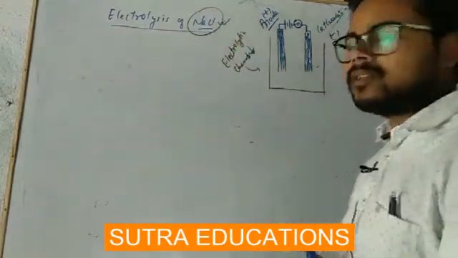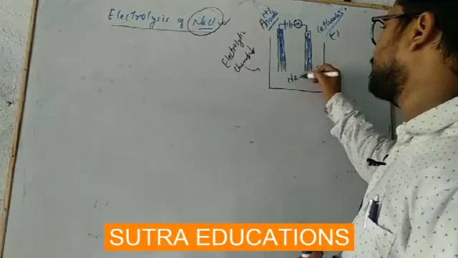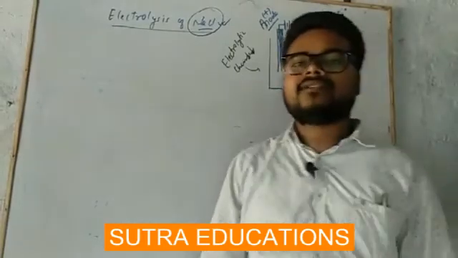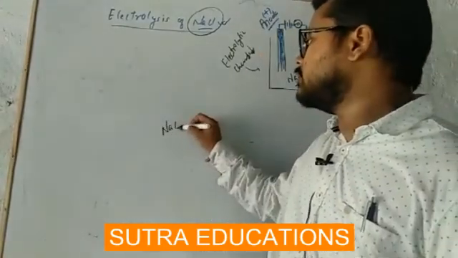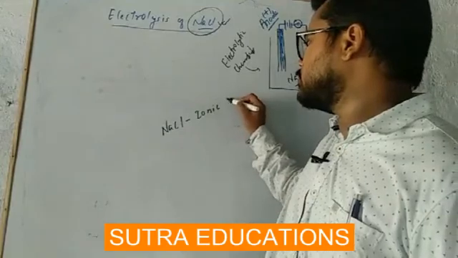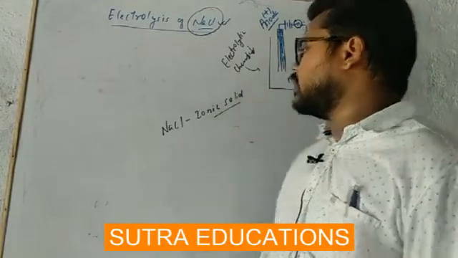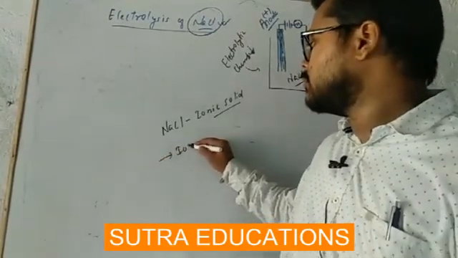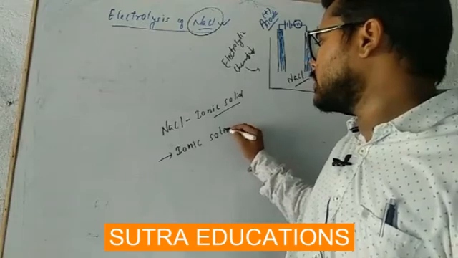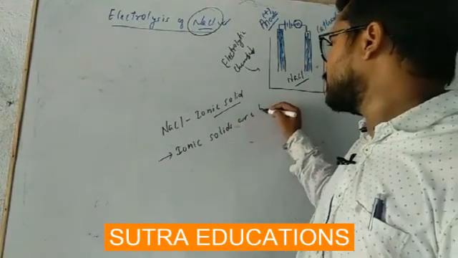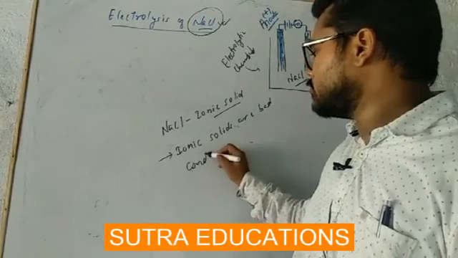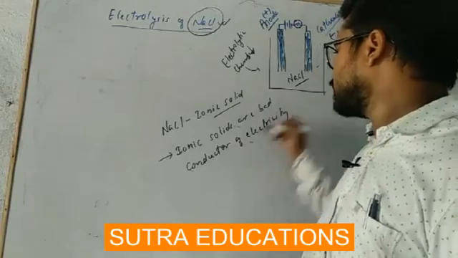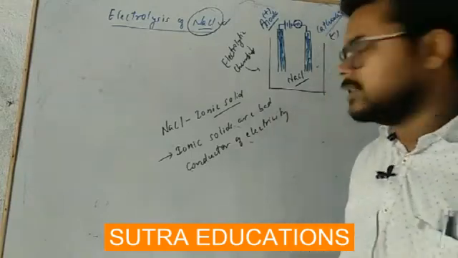So the electrolyte here is NaCl, and I have told you earlier NaCl is an ionic solid, and ionic solids are bad conductors of electricity in solid state.